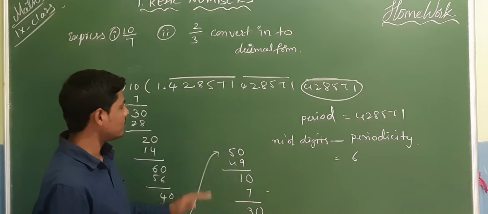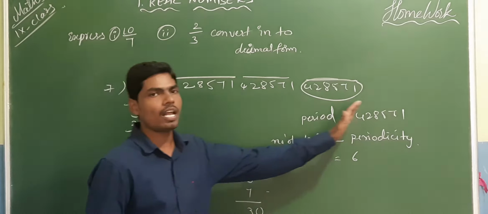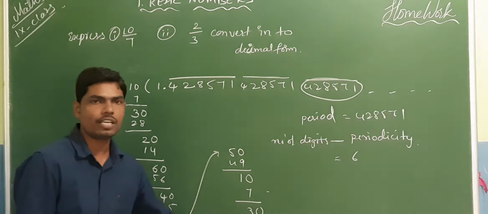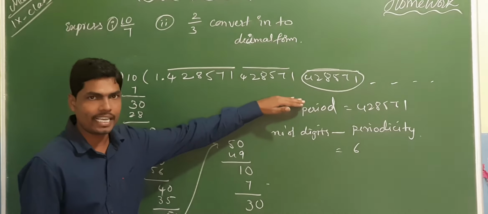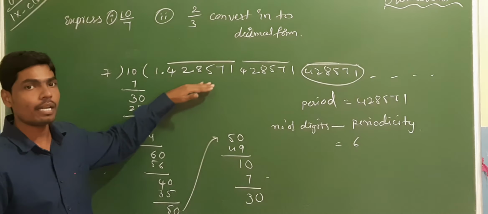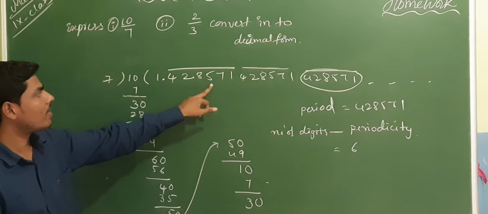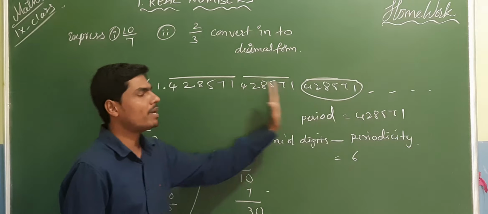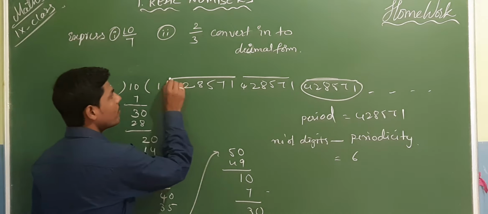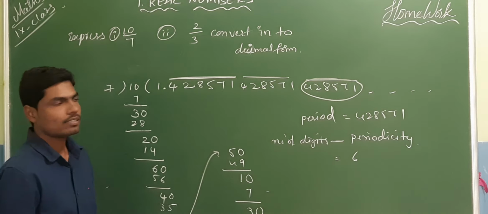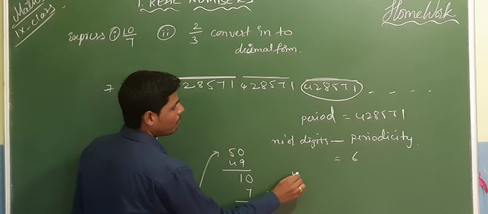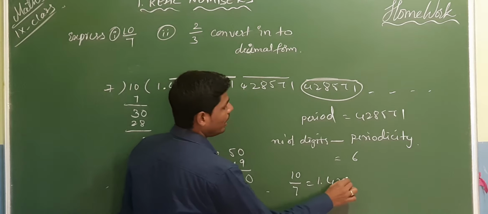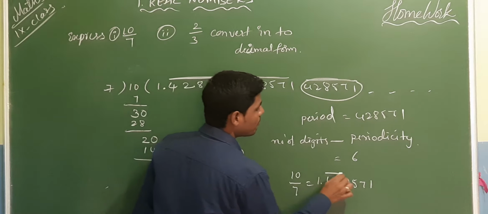If you continue this division, you will not get remainder 0. That means it is not terminating, but it is repeating. Instead of writing this many times, you can take a bar over the repeating digits. So the answer for 10 by 7 is 1.428571 with a bar.